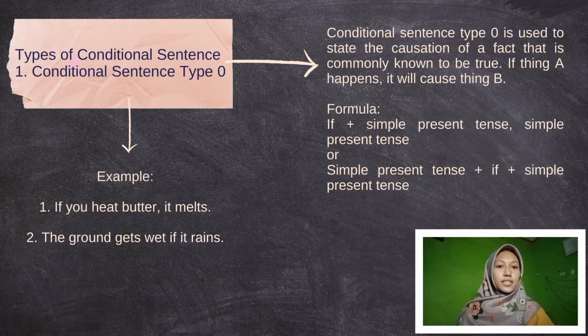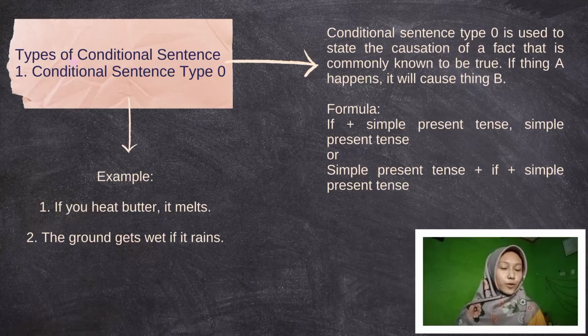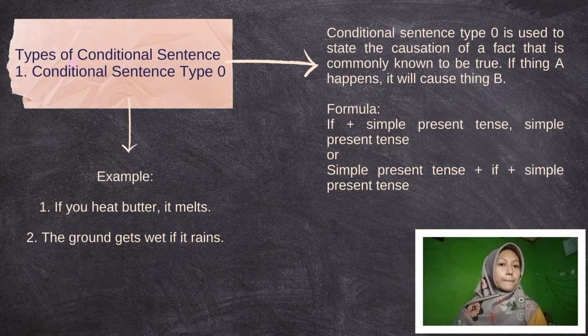The conditional sentence type 0. This conditional sentence is used to state the causation of a fact that is commonly known to be true. If thing A happens, it will cause thing B. And the formula is if plus simple present tense, simple present tense, or simple present tense plus if plus simple present tense.